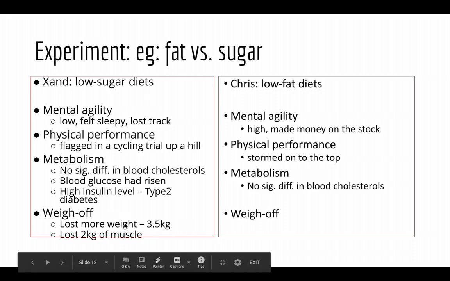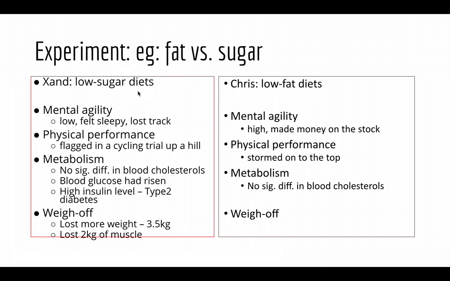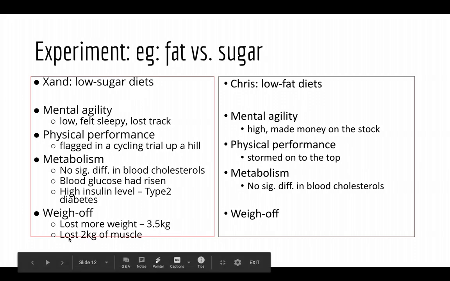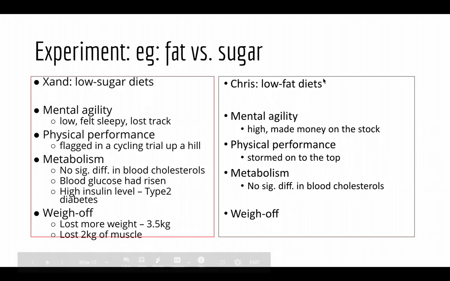But in terms of weight loss, you probably have mixed news, all right? The good news is you lost more weight, 3.5 kg. So that's probably the good news. However, the bad news is simultaneously you lost 2 kilograms of muscle as well. Now let's look at the right side. That's Chris's outcome. Relying on a low-fat diet, right?